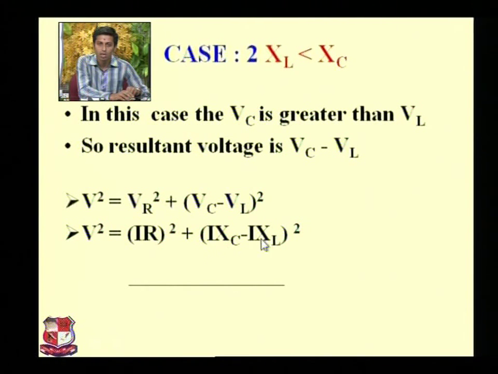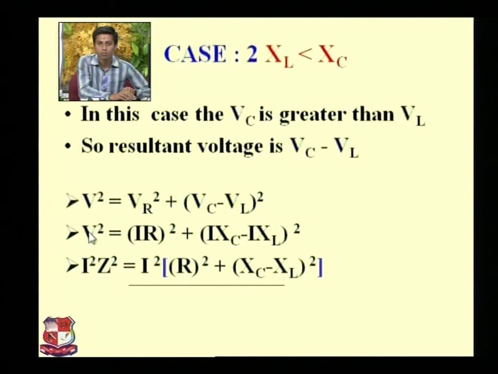Now taking I as common, I square Z square equals I square R square plus (XC minus XL) square.